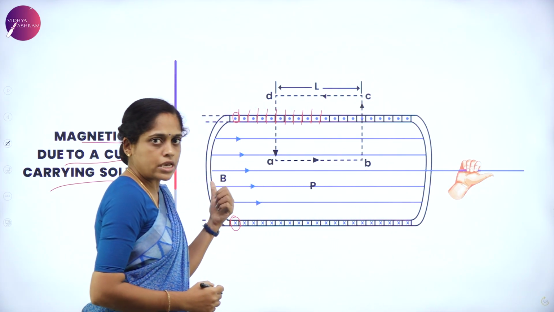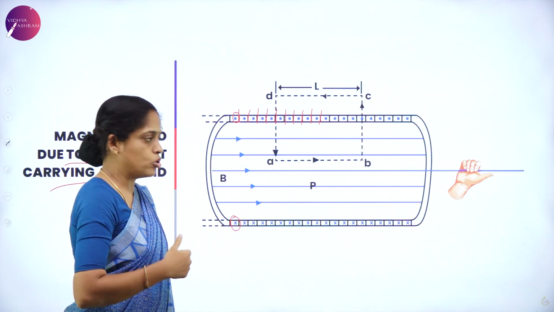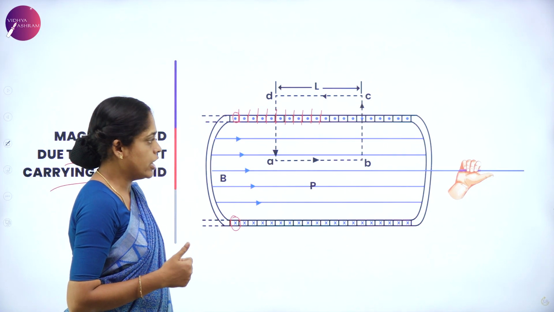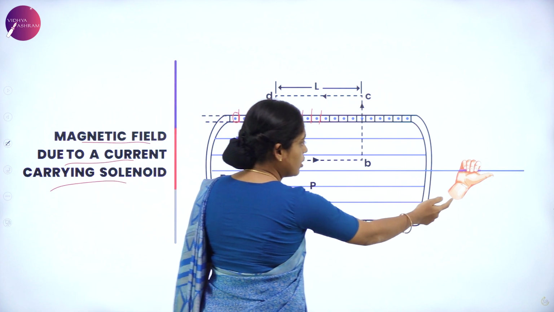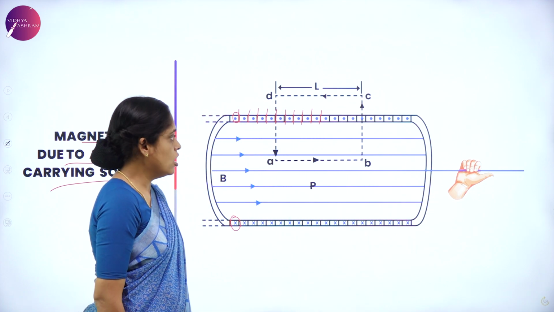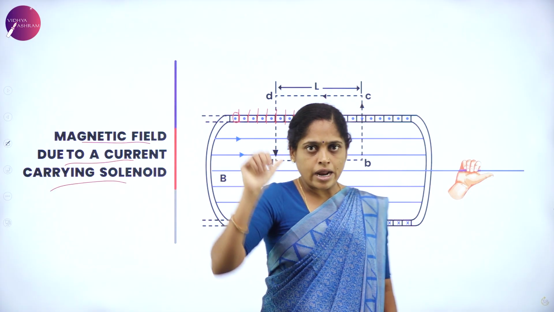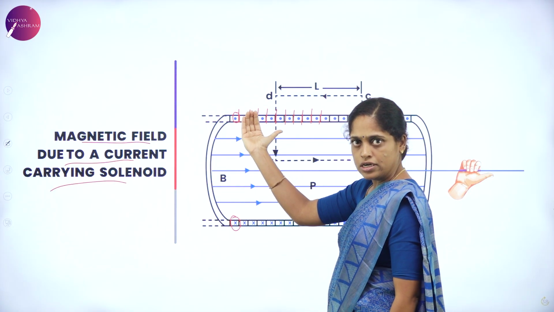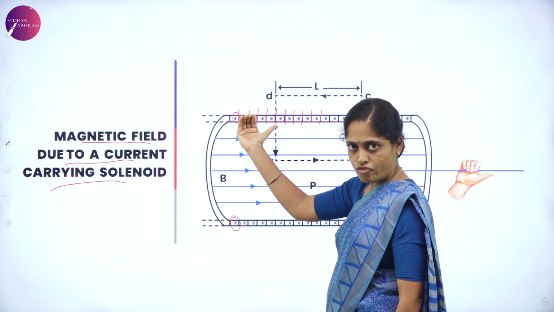This current carrying solenoid produces a magnetic field, and the direction of the magnetic field is given by the right hand thumb rule, as in this picture. In this right hand thumb rule, the curved fingers represent the direction of current.